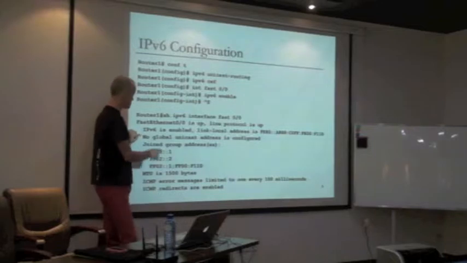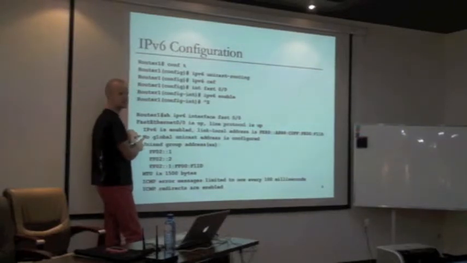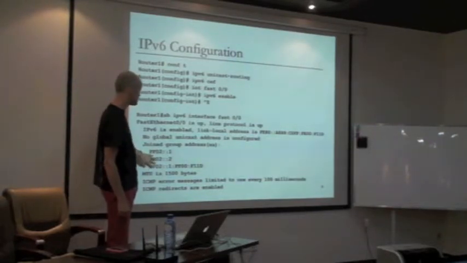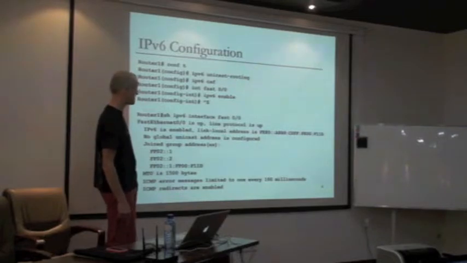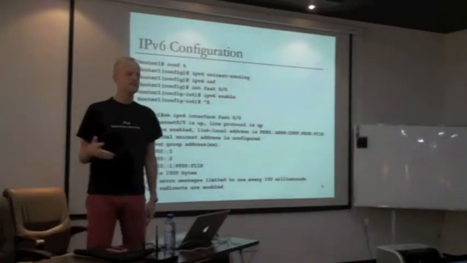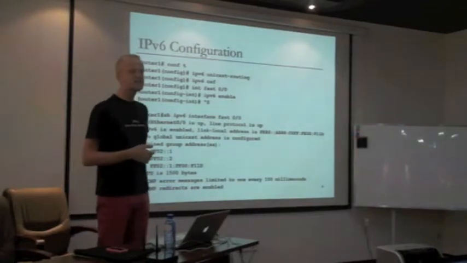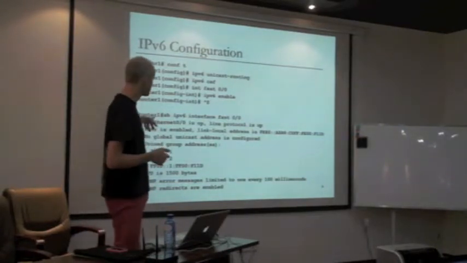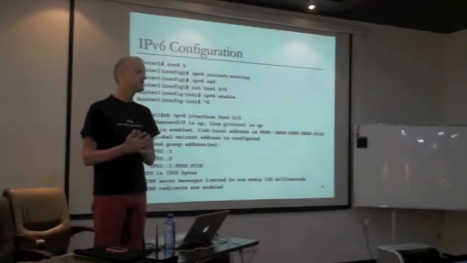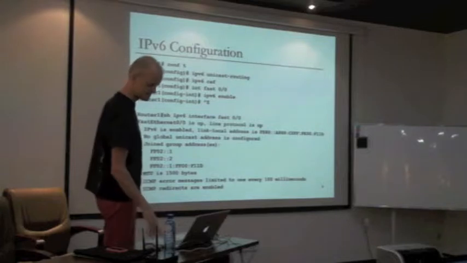And the router says no global unicast address is configured. And we've got solicited-node multicast here, MTU and various other things. Right, so that's how we switch on V6, but with just a link local address. So this router interface can communicate with other routers on that LAN using link local addresses.